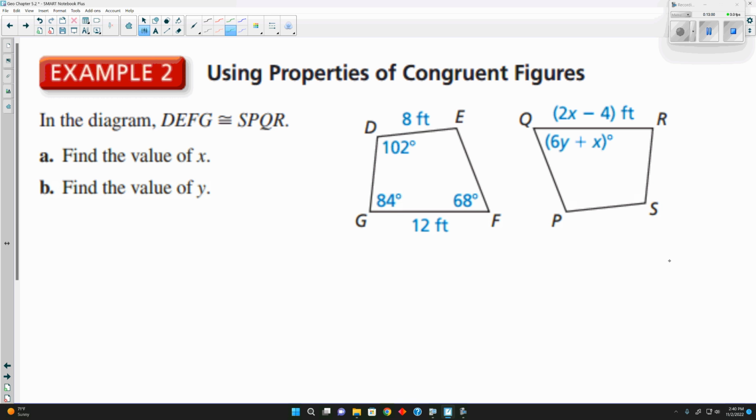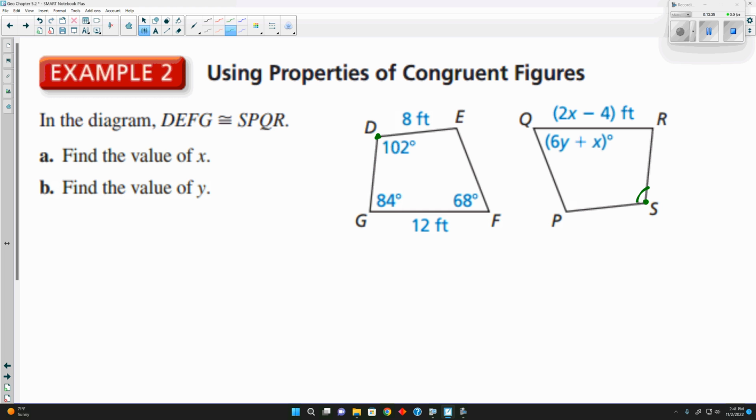All right, guys, let's look at this one here. In the diagram, DEFG is congruent to SPQR. And SPQR, we're not talking about the Roman legion. We're talking about this shape here. So for this here, we want to find the value of x and we want to find the value of y. Now again, the way they wrote the statement does help us because what that tells us, so DEFG, they started with D, and SPQR.